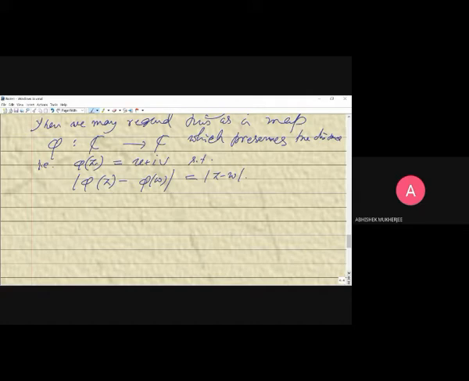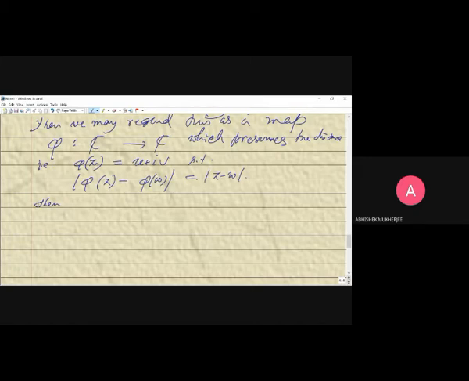And then our goal is to get all those isometries from R2 to R2. We have already seen some isometries, that is the identity map, reflection about the x-axis, reflection about the y-axis, and rotations.